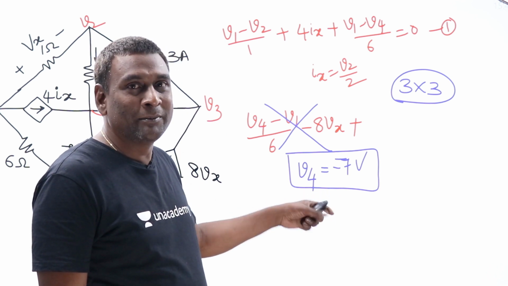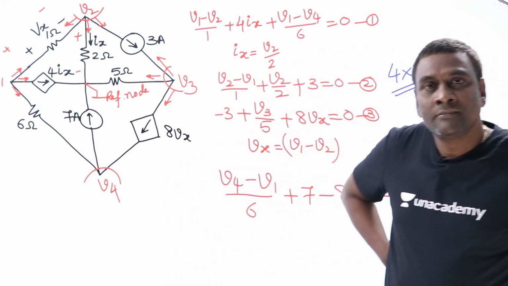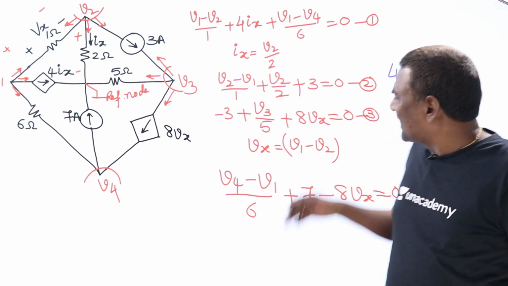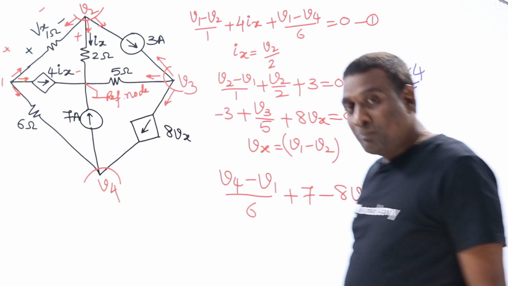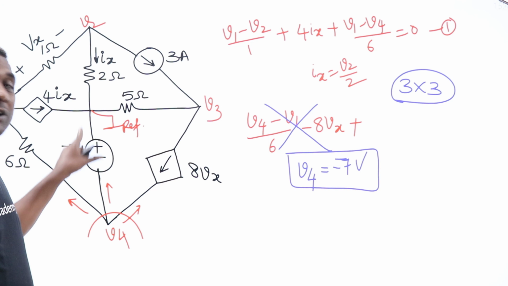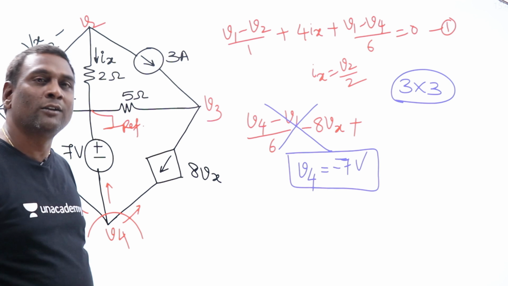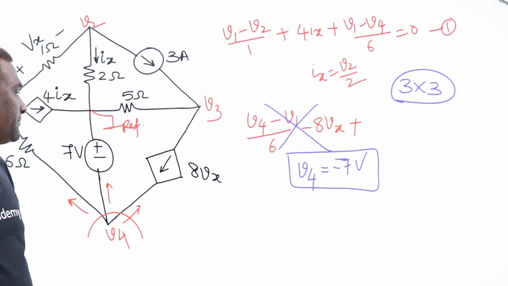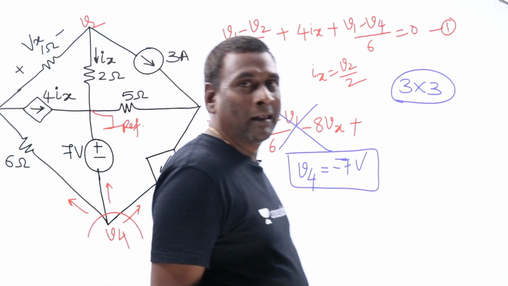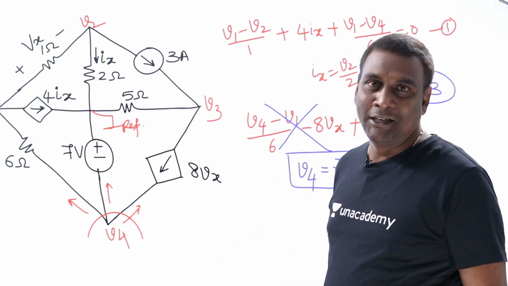It became easy. In this case, application of KCL is direct, but the complexity of the problem is increased. But if you have one voltage source connected with respect to the reference node, at that particular node you need not apply KCL at all. Complexity is going to be reduced, meaning that if more voltage sources are connected with respect to the reference node, your problem is going to be simple in nodal analysis.